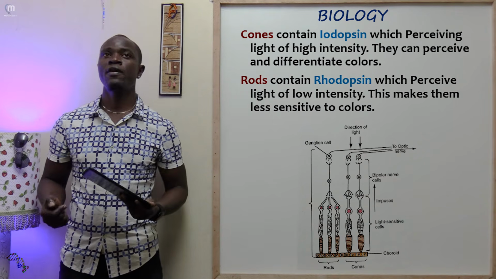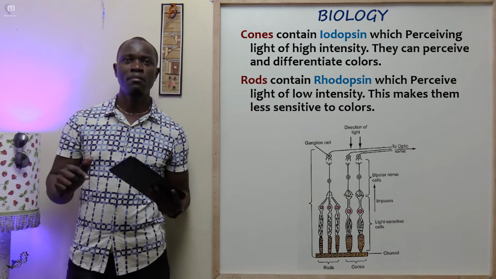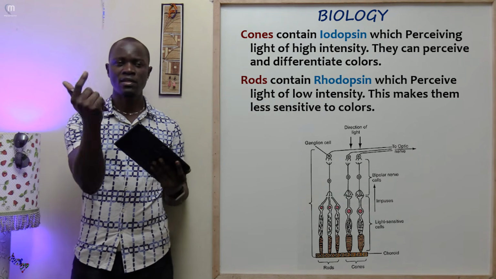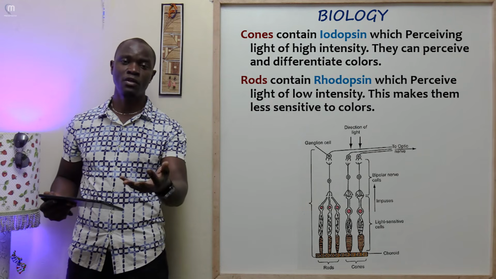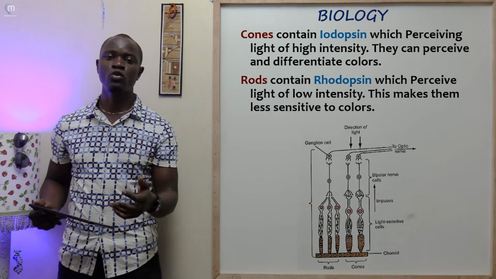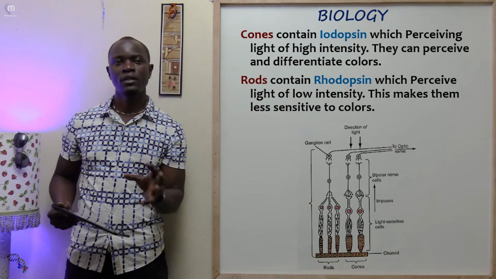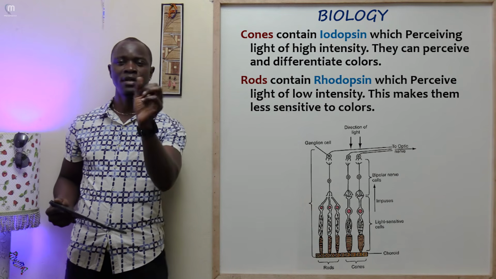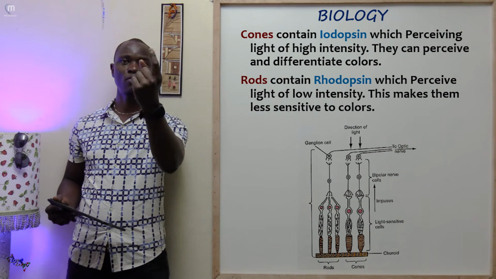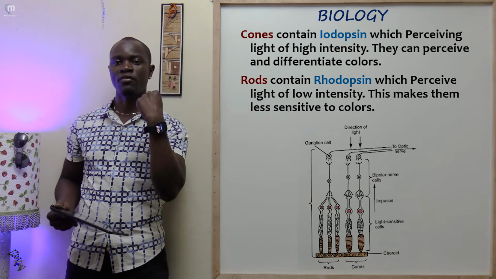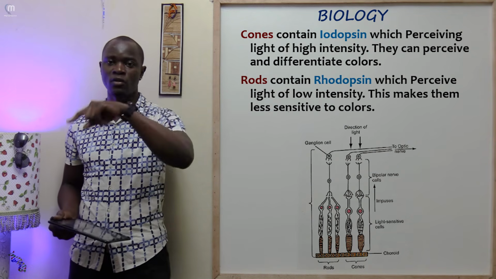Because if you have ever been careful, when there's some darkness, maybe there's some dim light somewhere, it is difficult for you to note colors. By the way, did you realize it is difficult for you to see colors in the dark? Not really in the dark, but for instance when there's some dim light. Or maybe it's at night, and someone or a vehicle is approaching from very far. It is difficult for you to see the colors that are around.